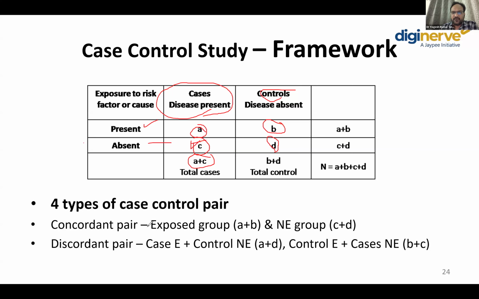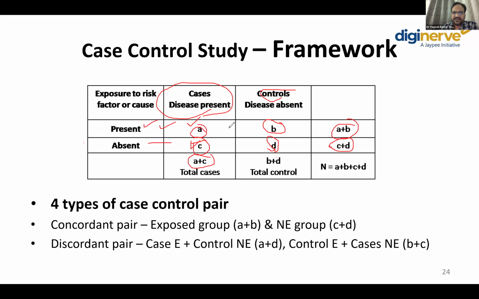So there are some concordant groups. Concordant pair is this group, A and D, the exposure group and the non-exposure group. And in the discordant pair, we have a person who is a case with the exposure and a person who is a control with the non-exposure.